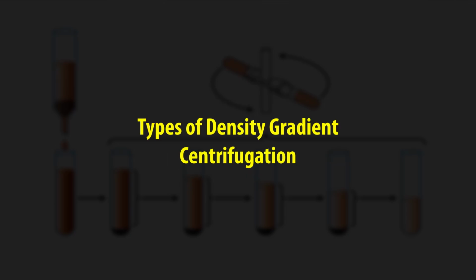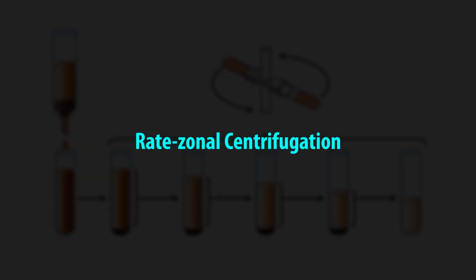Types of density gradient centrifugation. First is the rate zonal centrifugation. Rate zonal centrifugation separates particles based on size and shape during a short centrifugation run before they reach their buoyant density.